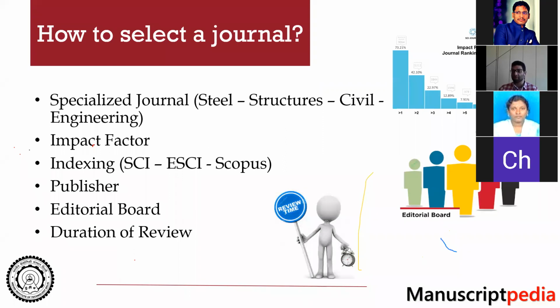I understand the reviewers are busy. It's a voluntary job. But if the review process exceeds 6 to 8 months, I think, friends, you need to look for another journal. Generally, you'll find the average review time within the details of the journal published by different publishers. So these are the basic things one should look for in how to select a journal.